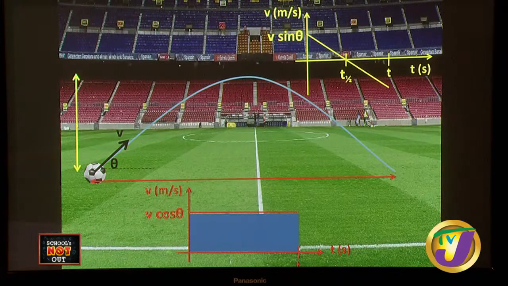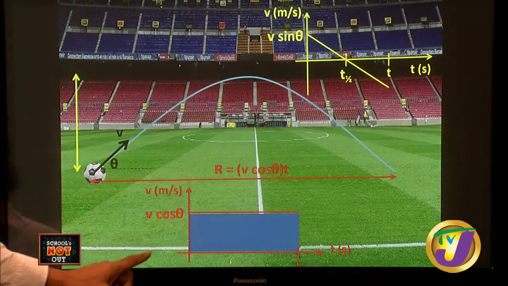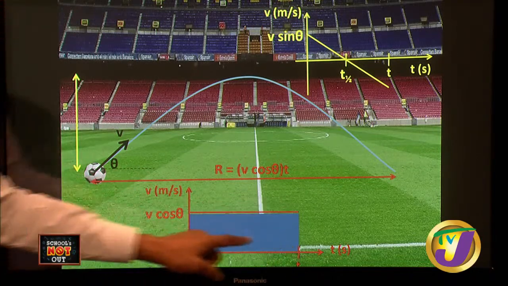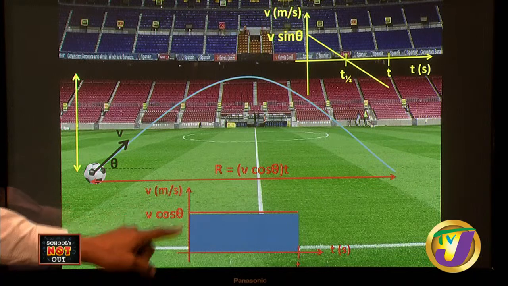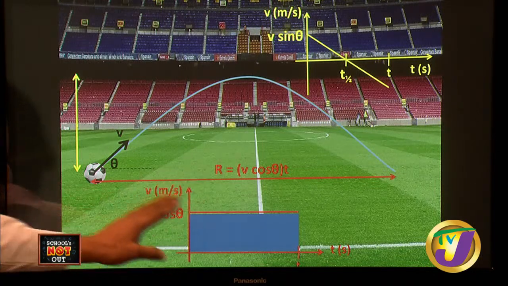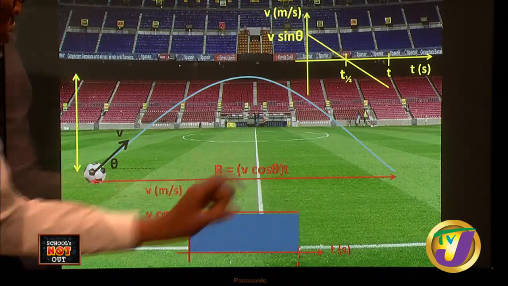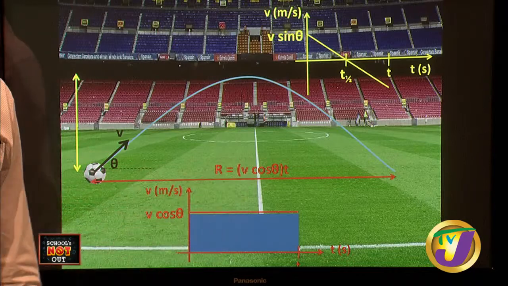And here we know that this is a rectangle. The time t is on the x-axis, and we know that the magnitude of the velocity is v cos theta. So the distance r traveled would be width times length, v cos theta times t.